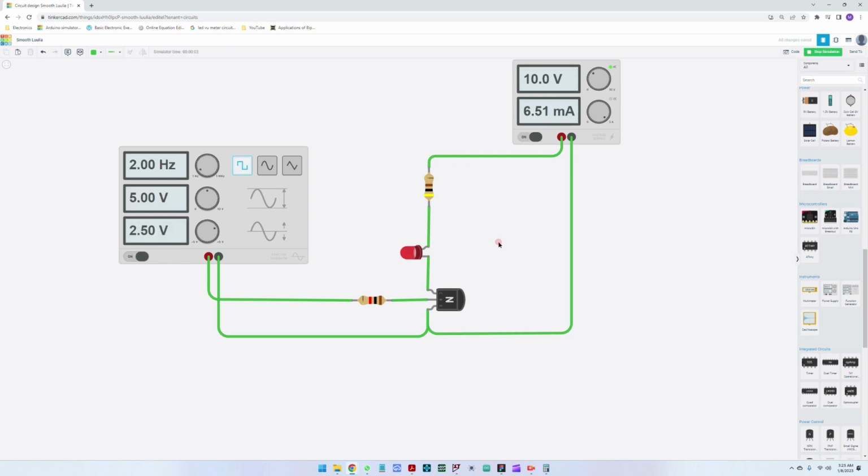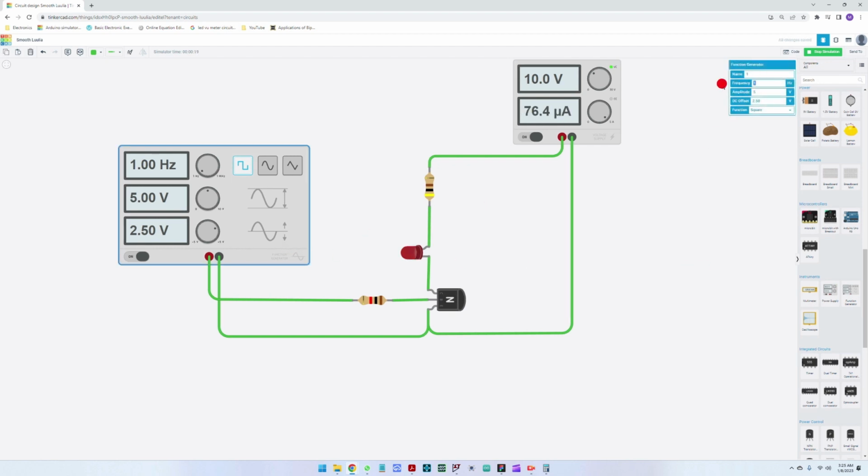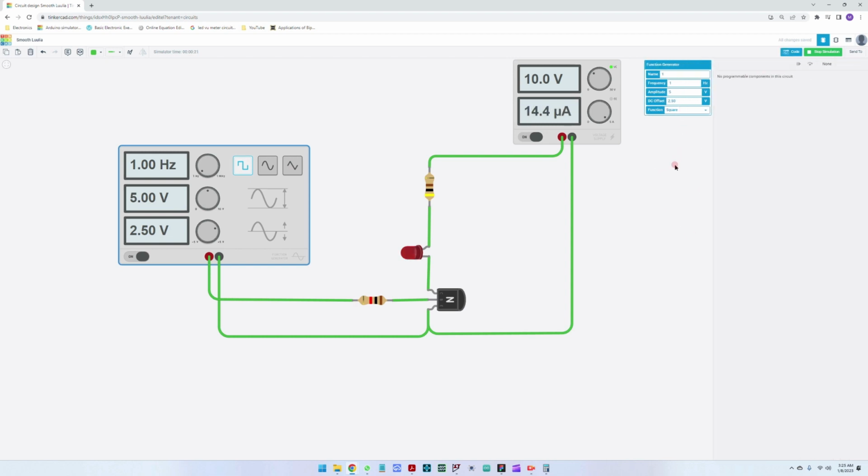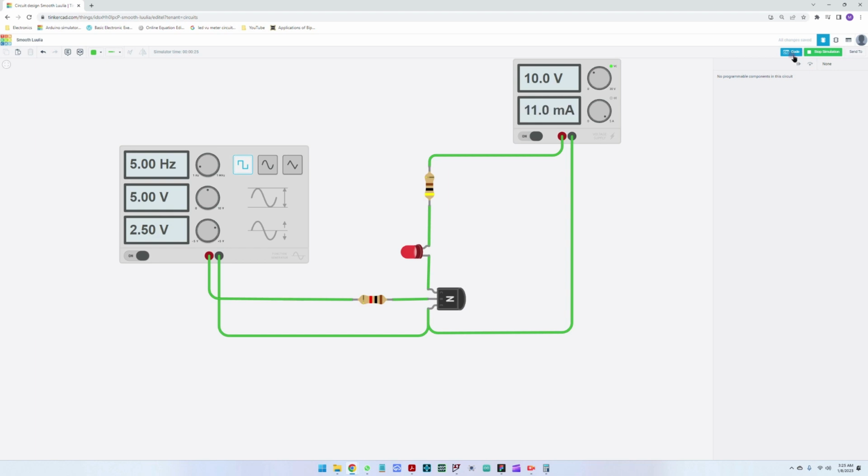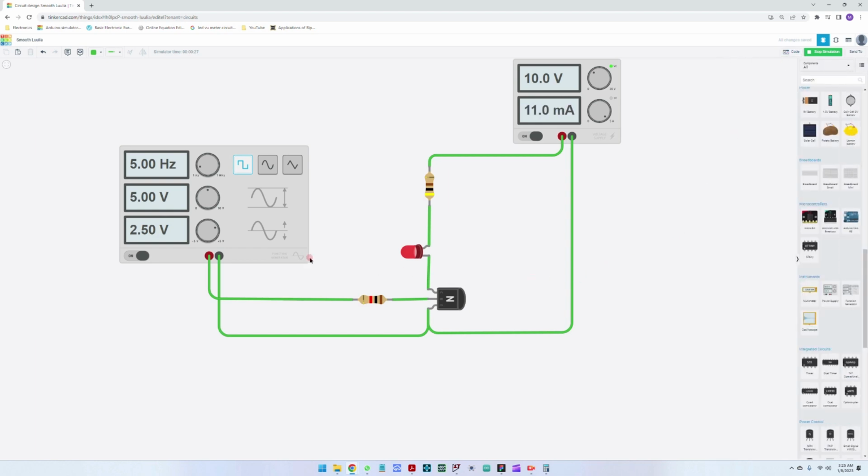And now we can see that the LED turns on and off according to the driving pulse from the signal generator. We can reduce the frequency here. This is once a second, or we can increase it to 5 hertz.